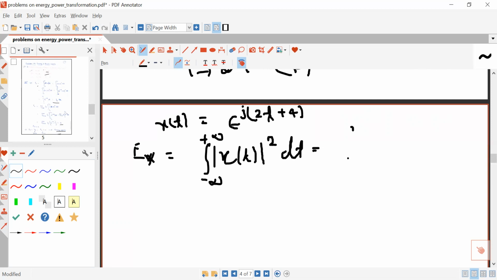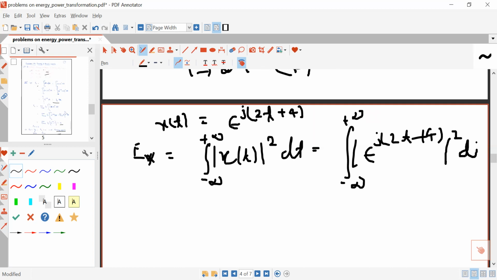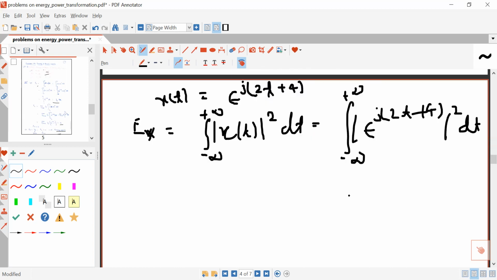And in place of x(t), you have to replace e to the power j(2t plus pi by 4), whole square dt. And according to the basic concept, the mod of e to the power j theta will be equal to 1. So the value of this will be equal to 1. You must remember this. This is a phasor quantity. This is a phasor. This is a rotating vector.